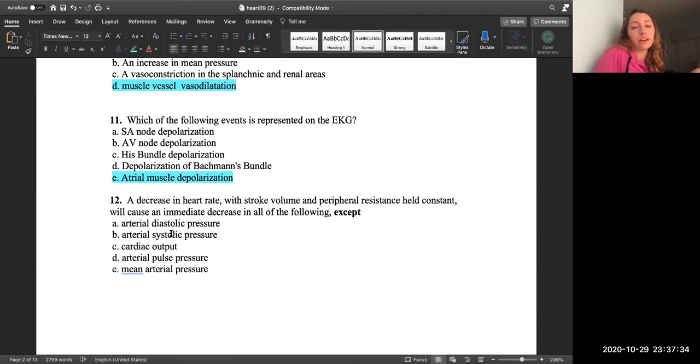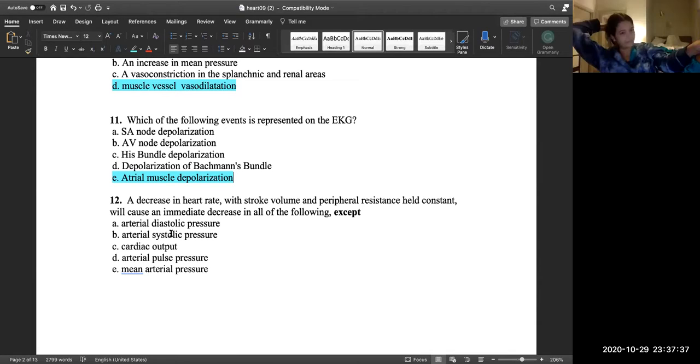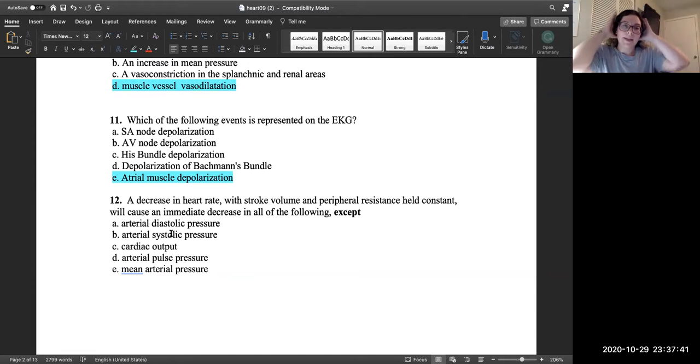It shows the area in which it's depolarizing. I thought it would have been SA node depolarization. No, but that's just the specific area. The SA node causes the specific electrical current for atrial depolarization. Got it. At least I was on the right track. You were on the way. I'm getting there.